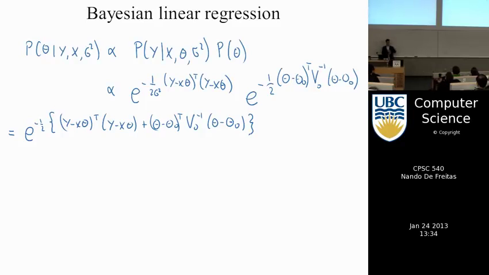Sigma squared. Already made a mistake. Okay, let's put it back there. Okay, so what we need to do next is take the product of some of these terms. And so I get sigma minus 2 y transpose y.